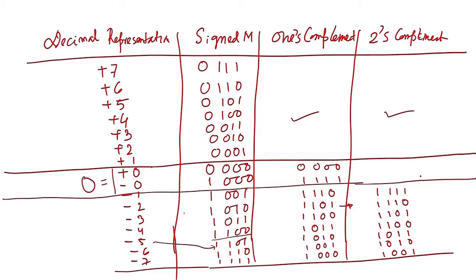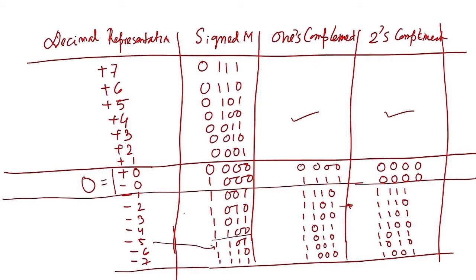Okay. So, now we come to the positive 0. That will remain as 0 0 0 0. Now, what will we have with the negative 0? This is already the number in 1's complement, so you add 1. Okay. If you add 1, this will also give 0 0 0 0.